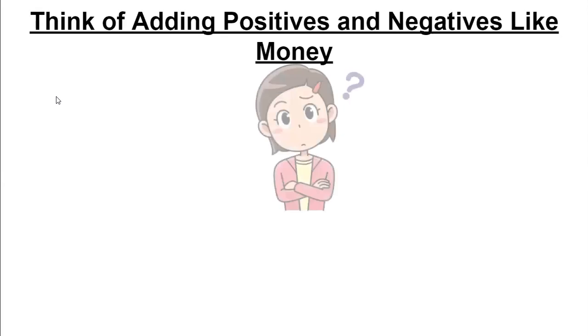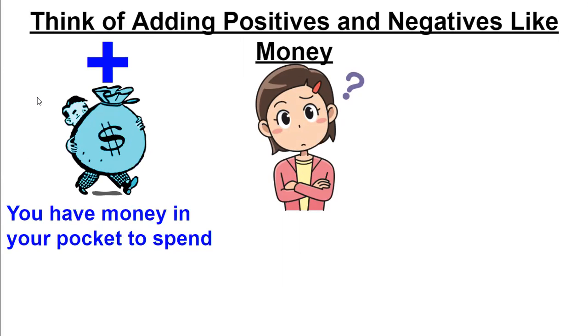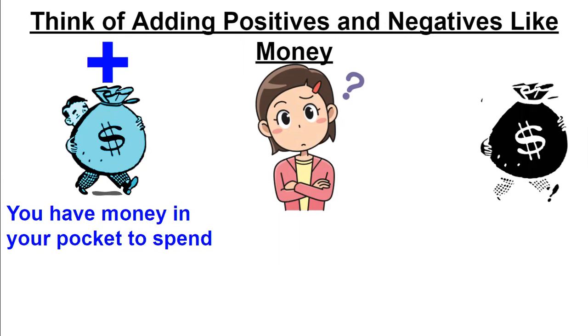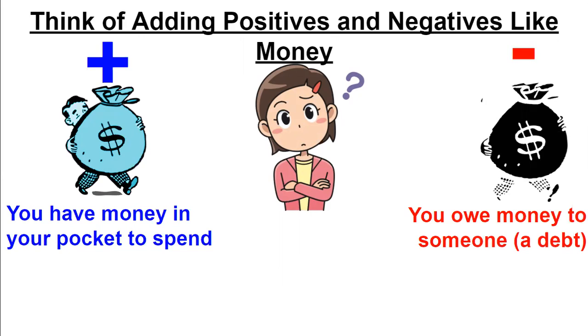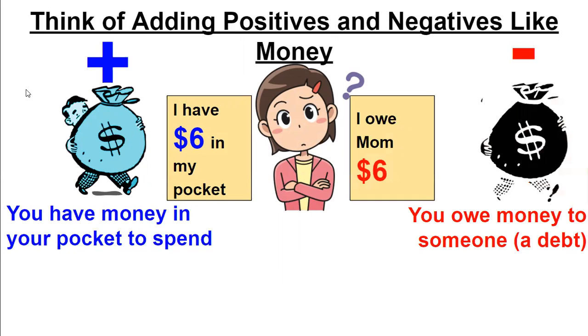Again, we can think about positive and negatives as money. Here's Sally again. The positives are money she has in her pocket, and the negatives are money she owes someone, a debt. Now she has $6 in her pocket, and she owes Mom $6.